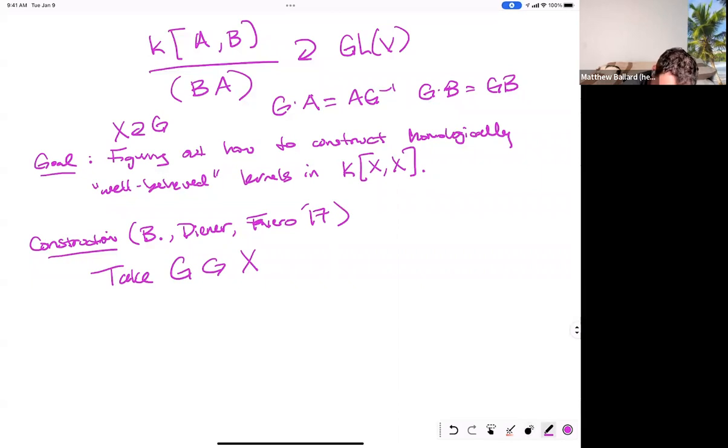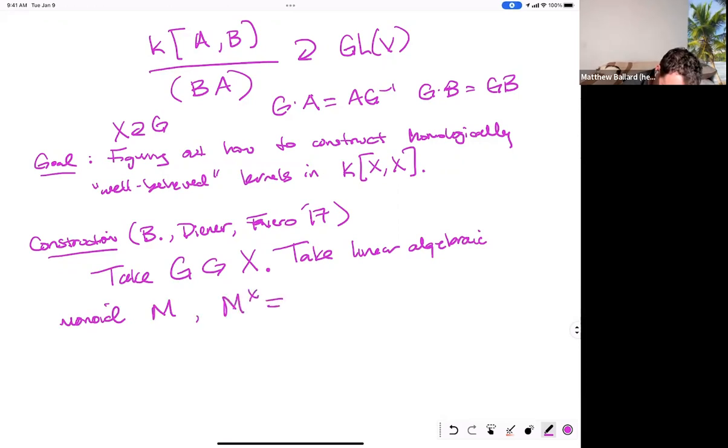And then let's also take a linear algebraic monoid M with the unit group being G.